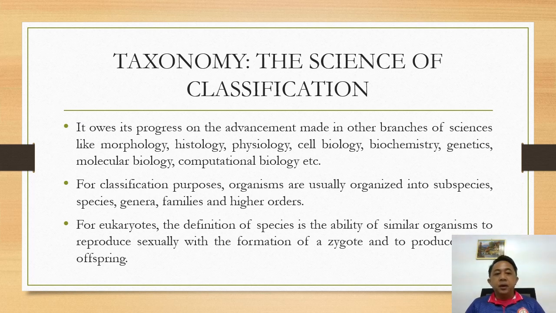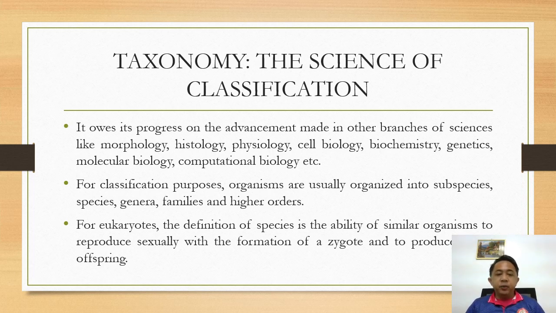Okay. Now, for classification purposes, organisms are usually organized into subspecies, species, genera, families, and higher orders. If you can still recall the hierarchy of orders. But anyway, we are going to discuss again those particular organizations of life as a review.